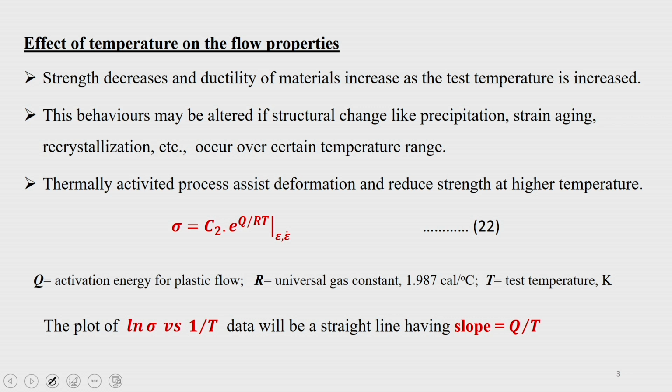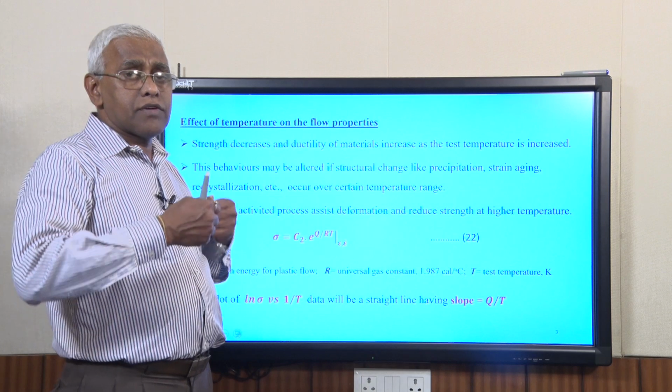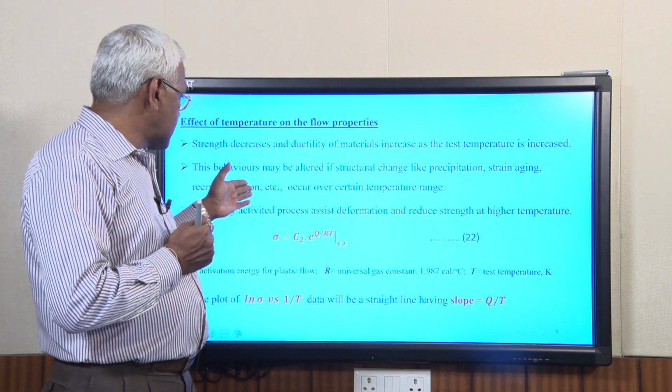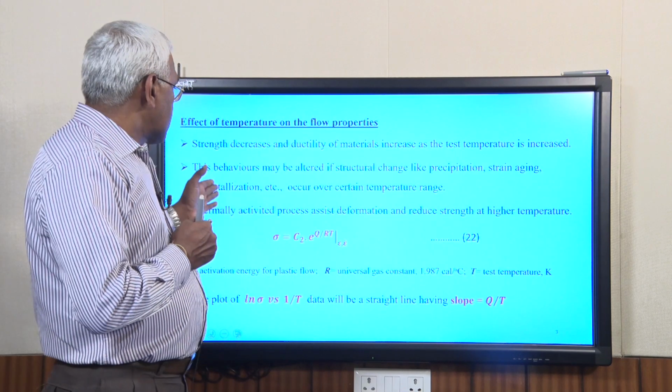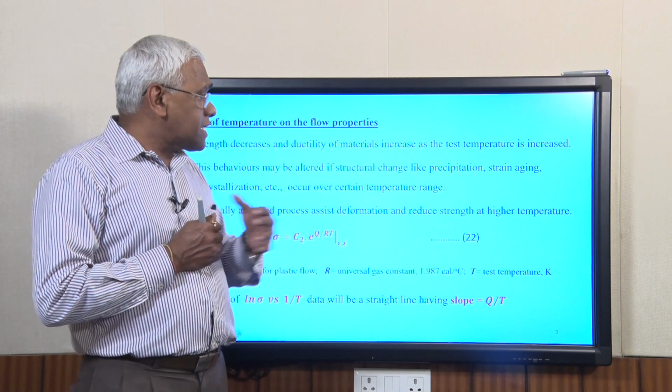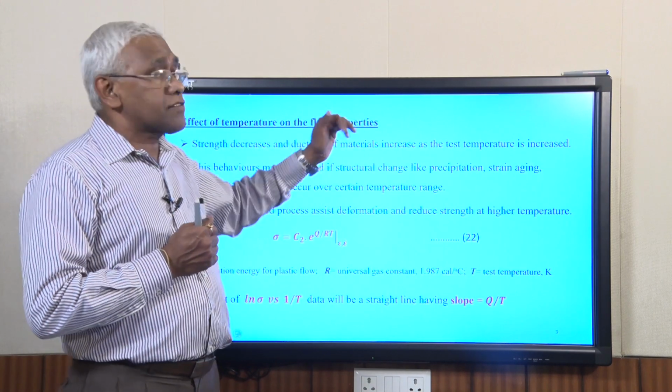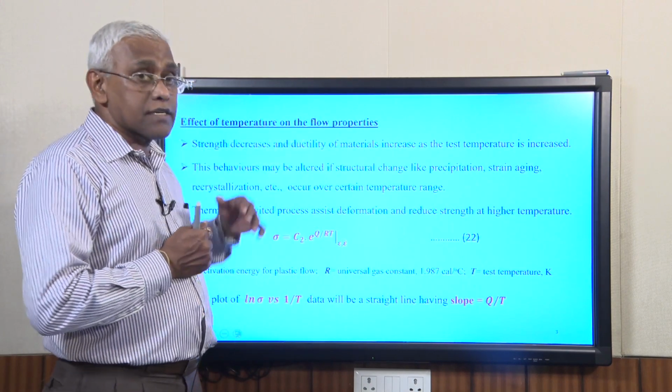When recrystallization takes place, you can have a very high amount of ductility, especially at a lower temperature compared to that. So when all these metallurgical phenomena take place, there will be a deviation from this general trend.